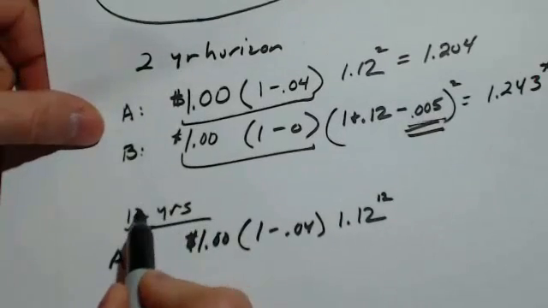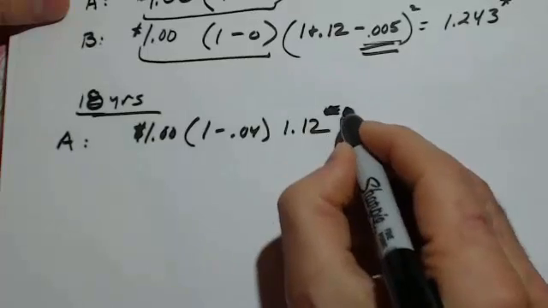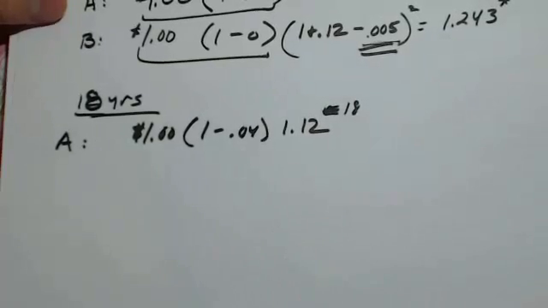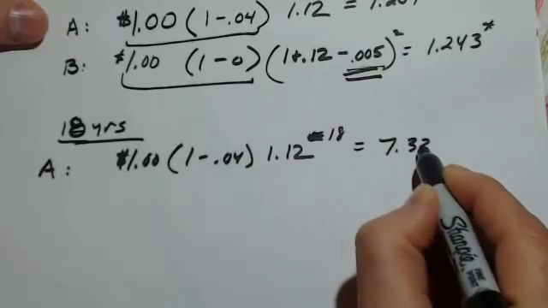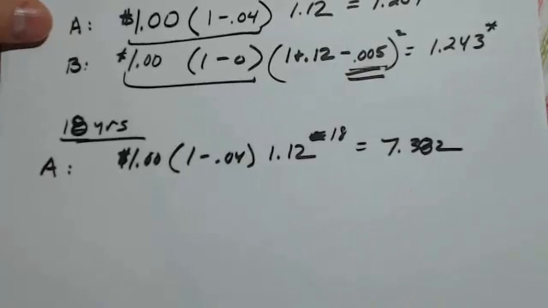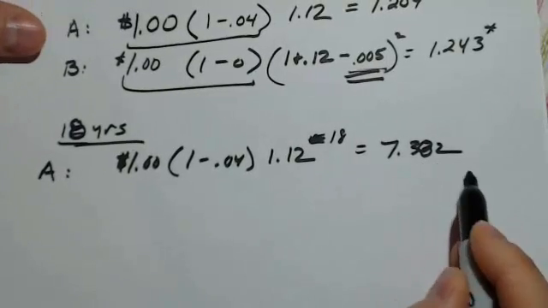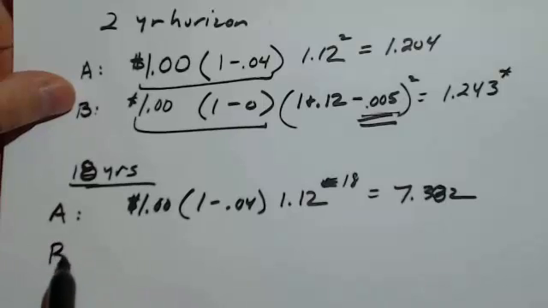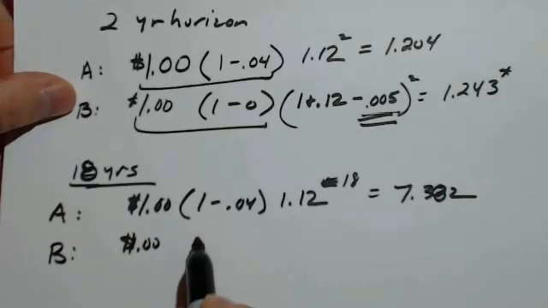I got to calculate it to 18 years. Let's go 18 years, and you take this to the 18th power, and after 18 years you have $7.38 approximately. That's 7.38 approximately.